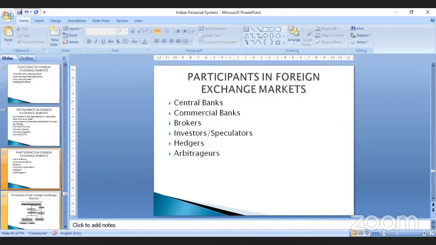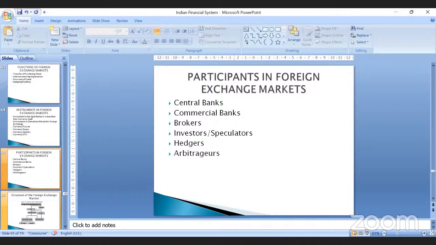If you ask who regulates foreign currency in our country, RBI is the apex body which has that power and that role. So central banks play a very important role in regulating foreign exchange.